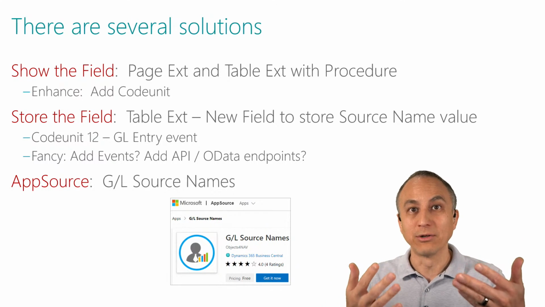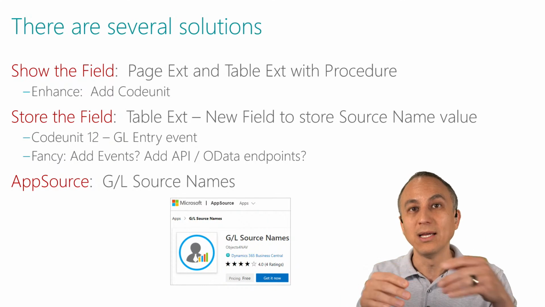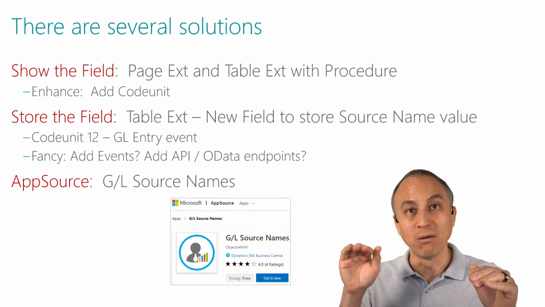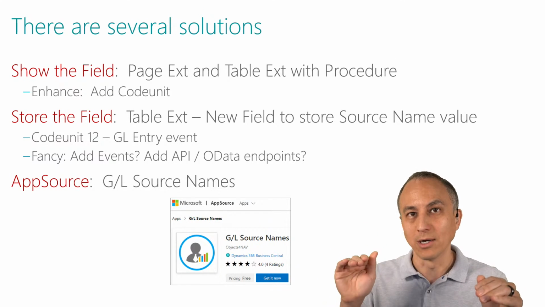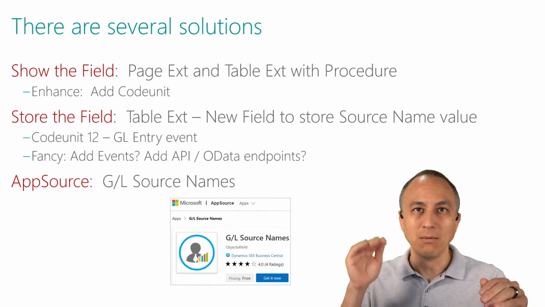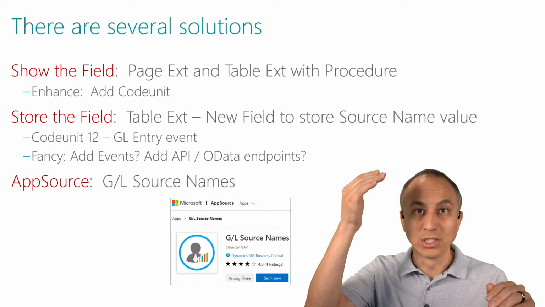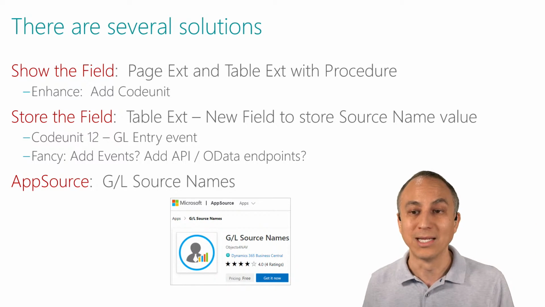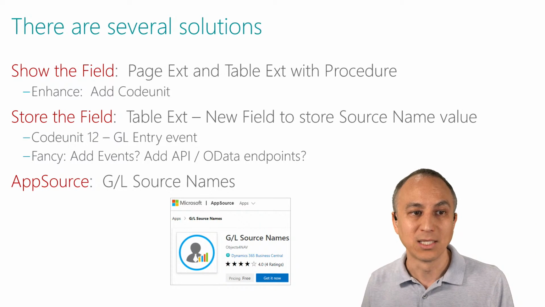So as that general ledger entries list page is displayed, it goes and looks up the source name in a pretty efficient manner, but it is a real-time lookup. So if you change the customer name, vendor name, employee name throughout the year, you're going to just see the new value. You will not see the old value at the time of the transaction. So that may be a consideration.